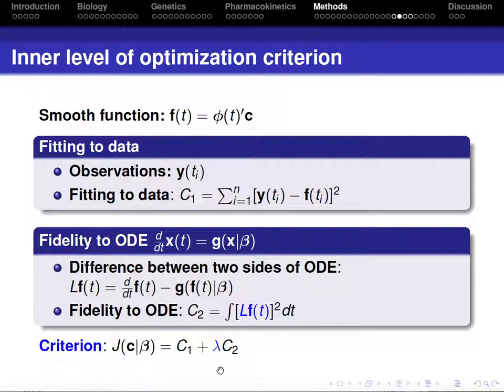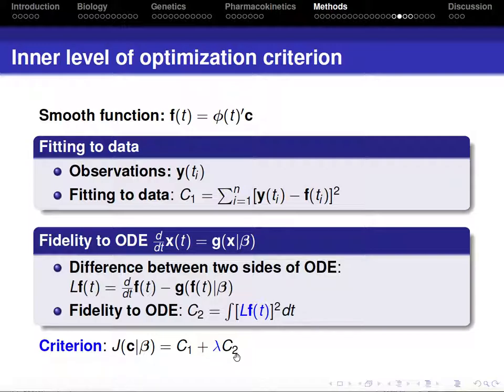That's the goal when we do the smoothing splines. But here, the goal is different. The goal here is to find the smooth function that approximates the ODE solution. In other words, we want this C2 term to be as small as possible.